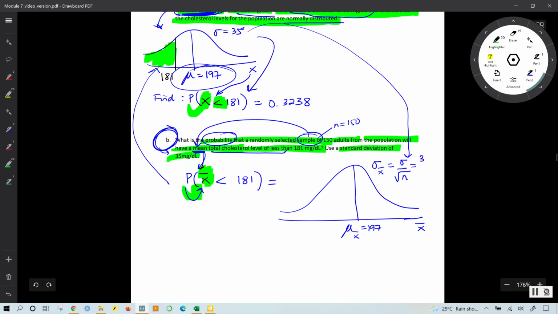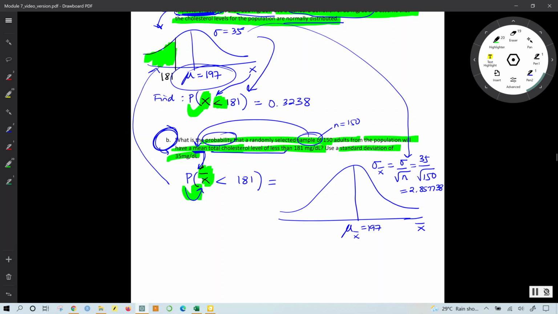So that will be 35 divided by the square root of 150, and that is equal to 2.857738.